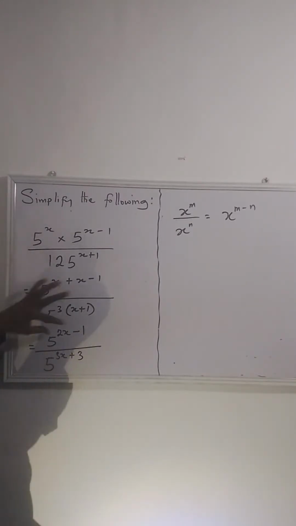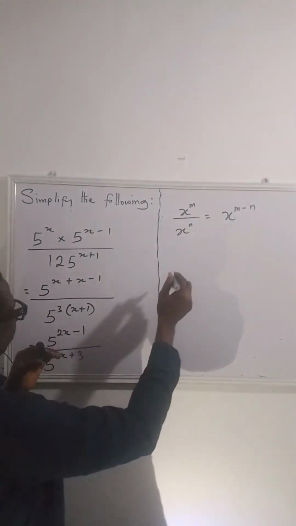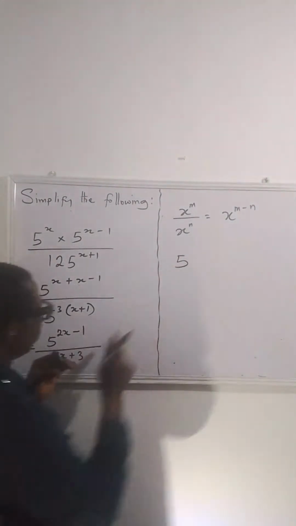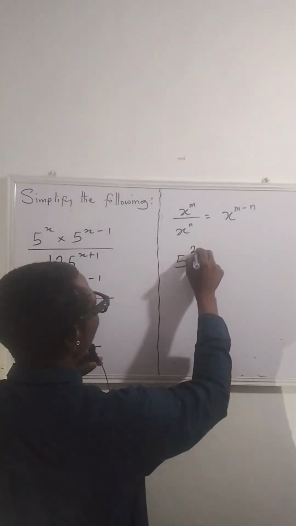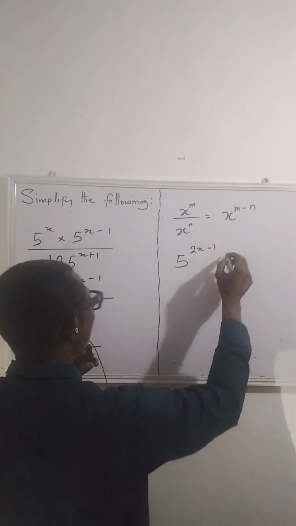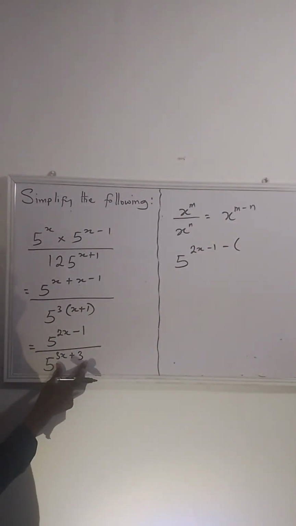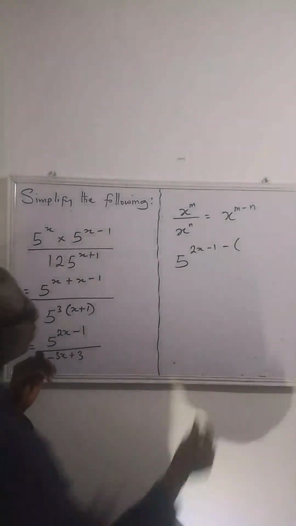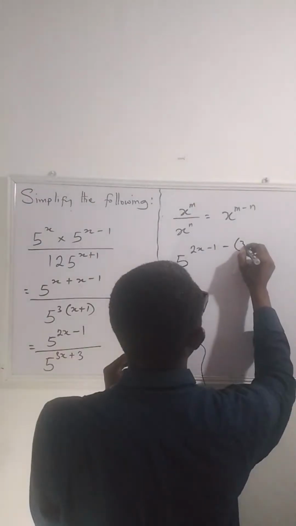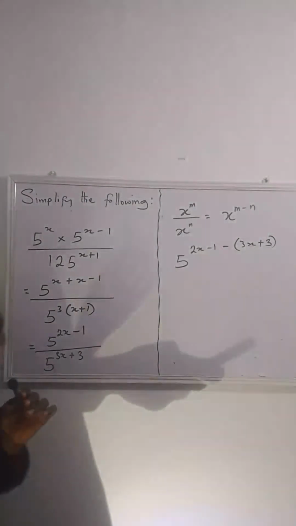All right, so we just subtract this from this. So you have 5 raised to the power of your m, that is 2x minus 1, minus, now look at your n, minus n, so you have 3x plus 3. Can you see that now?